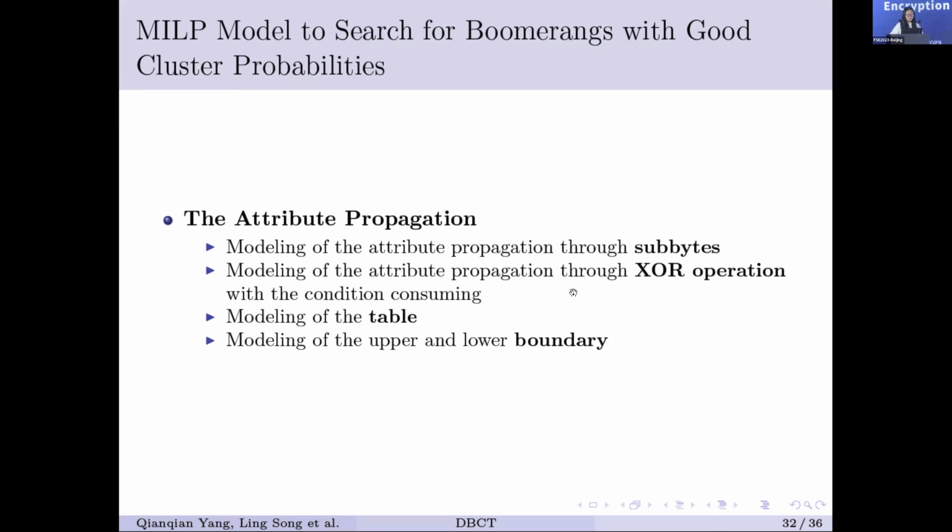Then for the MILP model, we give some rules about the attribute propagations through these operations, such as the S-box, the XOR operation, and the rule of modeling of the table and modeling of the upper and the lower boundary.